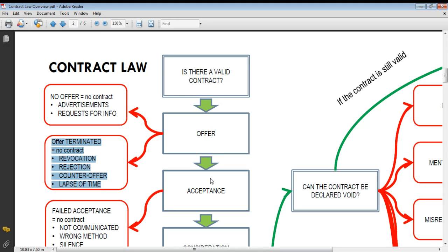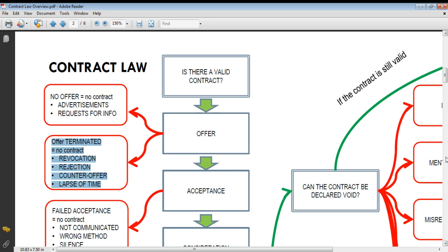This is your statement of the law, and you need to give the authority. The authority is the case of Hyde v Wrench. So you would say a counter offer will terminate an offer and there will be no contract. The authority is Hyde v Wrench. That gives you 2 marks.